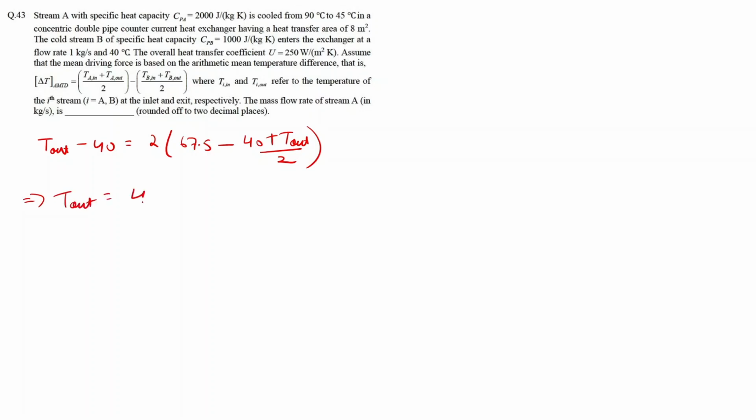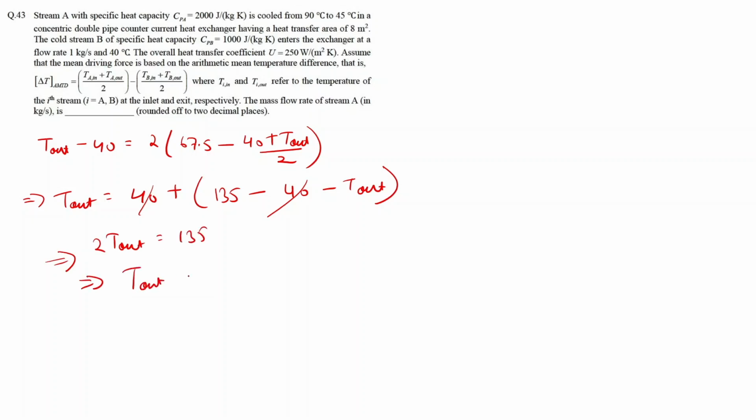T out will be equal to 40 plus 2 into 67.5, which was 135, minus 40 minus T out. This term will get cancelled and it will come to T out is equal to 135. So this T out will become 67.5 degrees Celsius.